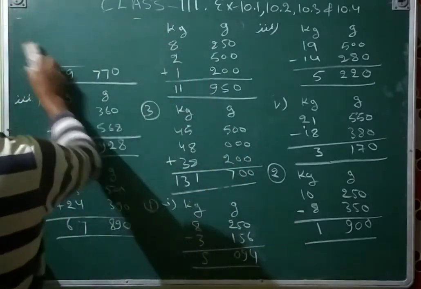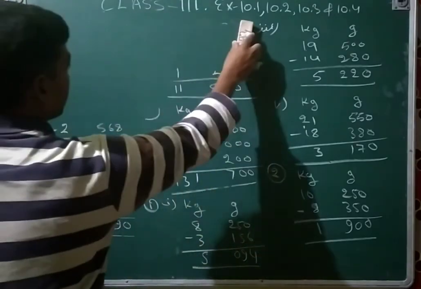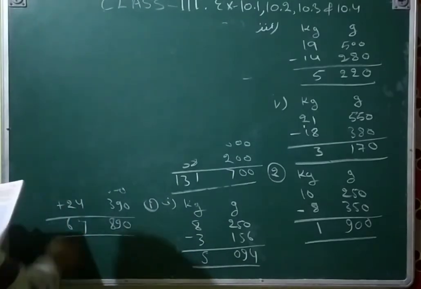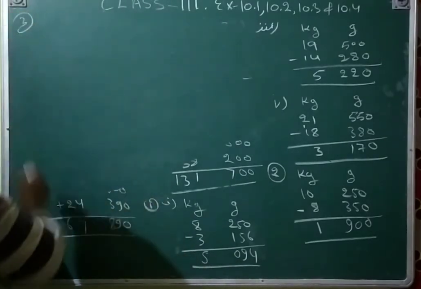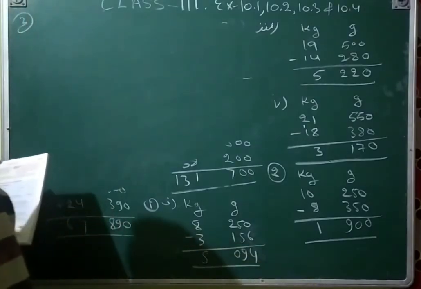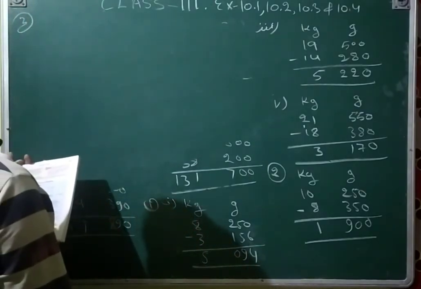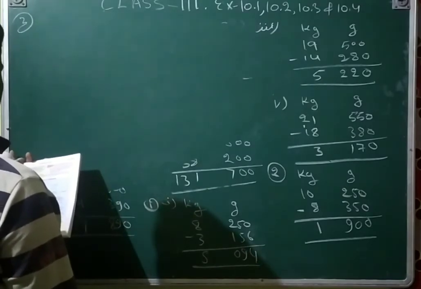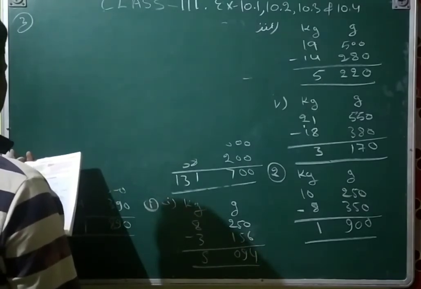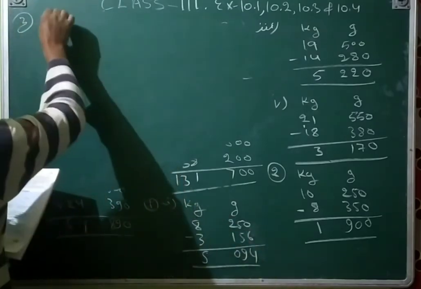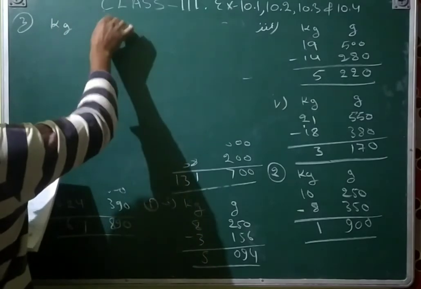And then the third question is that a tin of vegetable oil is 15 kg 800 gram in weight. If the empty tin weighs this much, find the weight of the oil. That's simple, kg and gram.